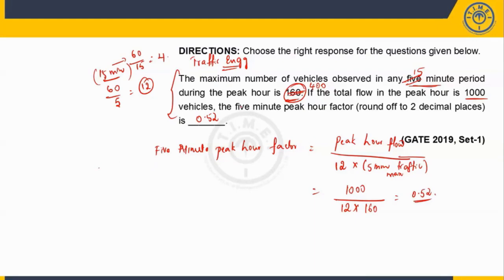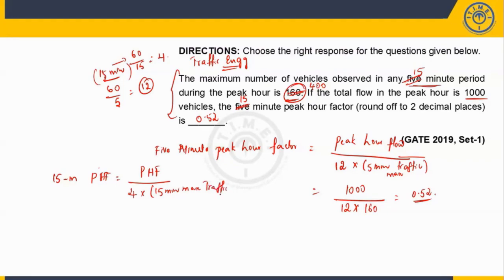So the 15-minute peak hour factor is asked. The 15-minute peak hour factor is equal to peak hour flow upon how many 15-minute periods are there? Sir, 4. 4 into maximum 15-minute traffic.